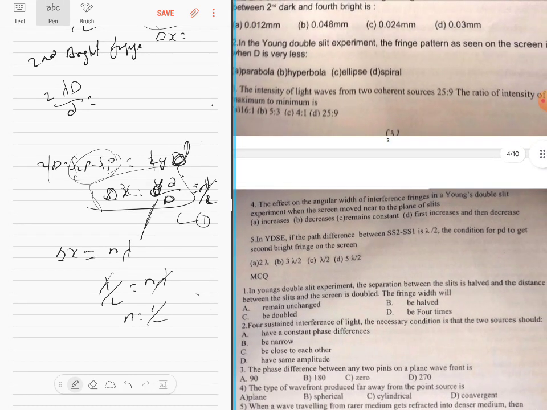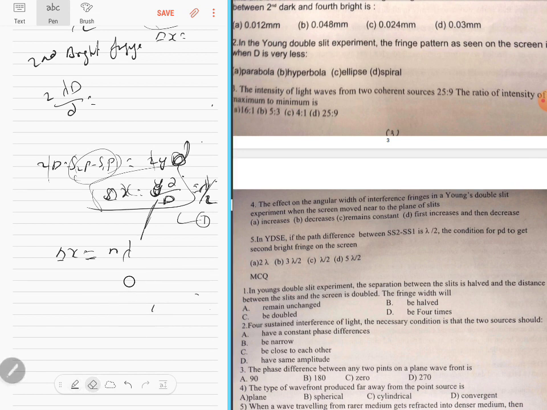The condition for us to get the second bright fringe on the screen: n has to be 2, right? Second bright fringe, so you can write this as 2 lambda. Delta x itself is n lambda, which is 2 lambda here for the second bright fringe, correct?